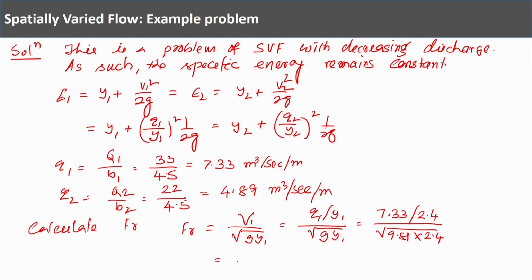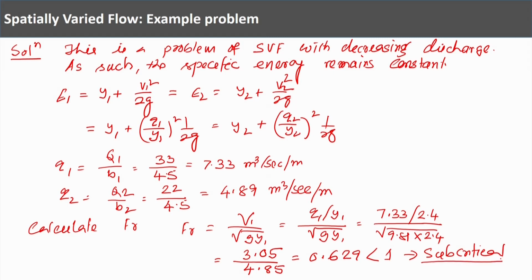I am getting 3.05 divided by 4.85, which is equal to 0.629. Here this is less than 1. Therefore, the flow is subcritical.